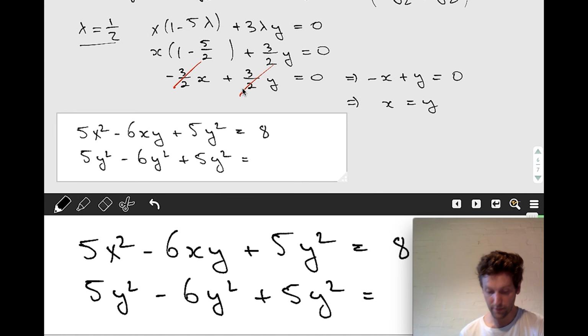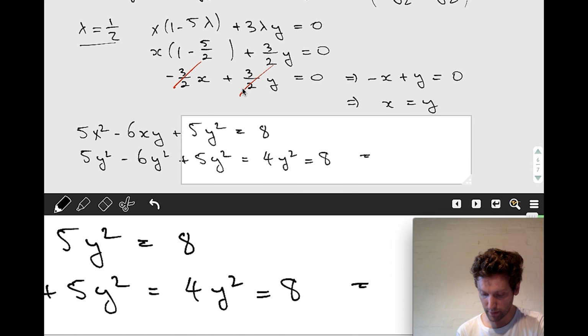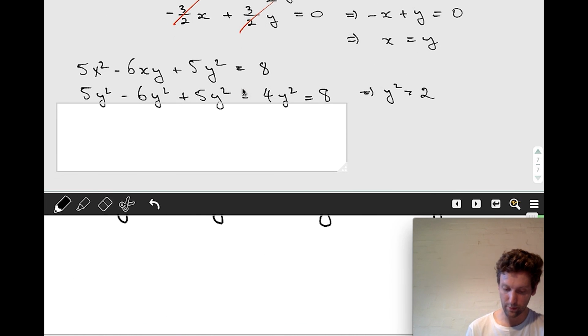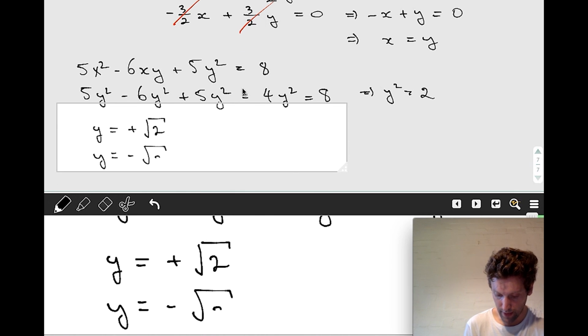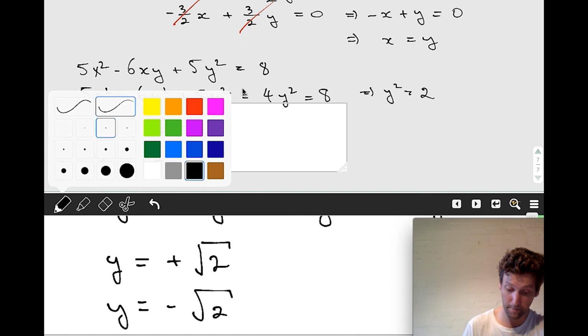So that's going to be 5 minus 6 plus 5, that's 10 minus 6, which is 4y squared, and that's equal to 8. So you see that that's going to give me y squared is equal to 2, which gives me two different possibilities. y is equal to plus the square root of 2, or y is equal to minus the square root of 2. And again, we've just seen that x is equal to y in this case.